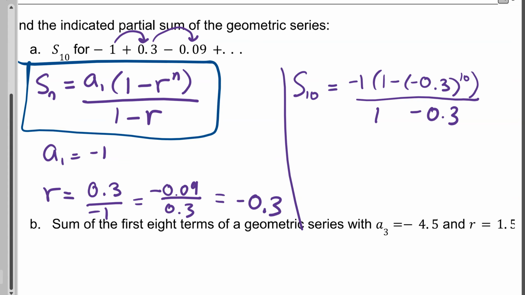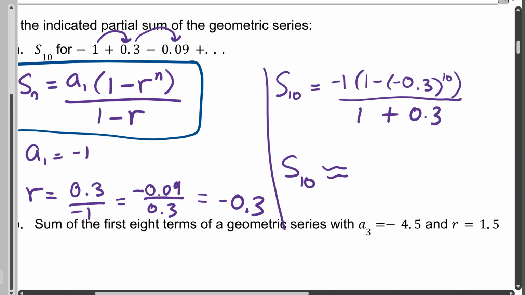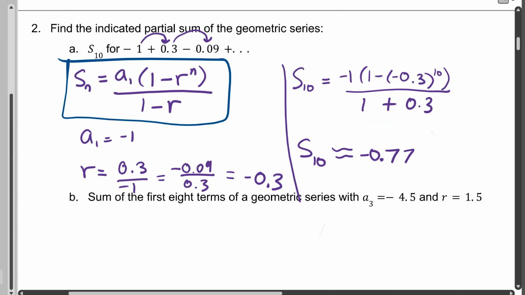Of course, I would never write it like that. It's probably a little easier just to write it as a plus. And when you type this in, I'd recommend you type it into your calculator as a fraction. I don't say what to round to here, so in this case, let's say to the nearest hundredth. I believe that should be -0.77 around there, right? On a test, you'd have specific rounding instructions, so don't stress about that.